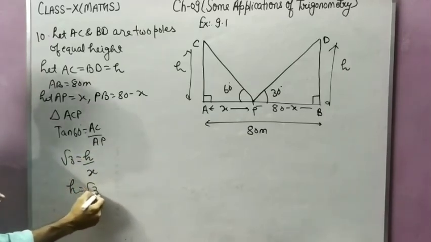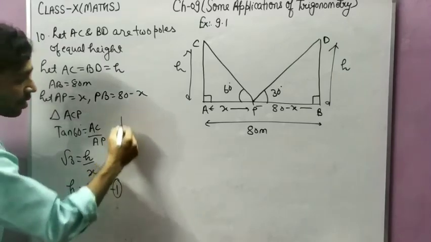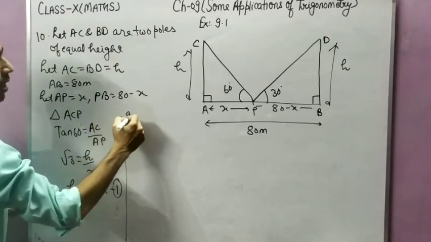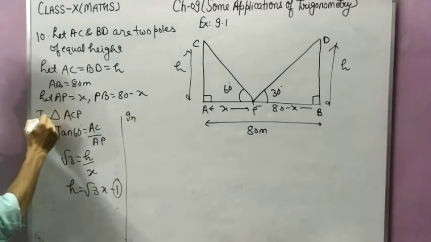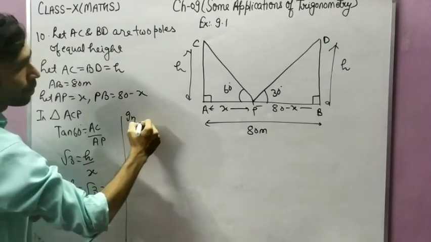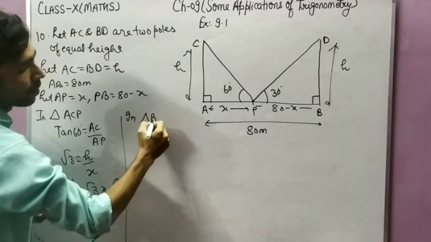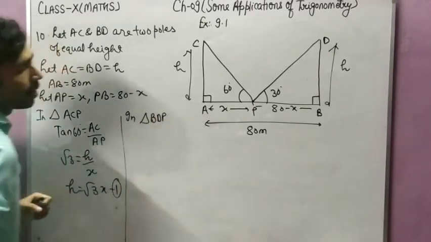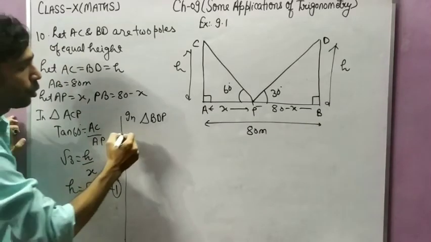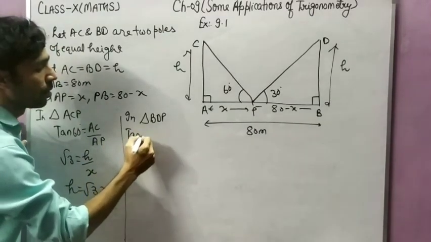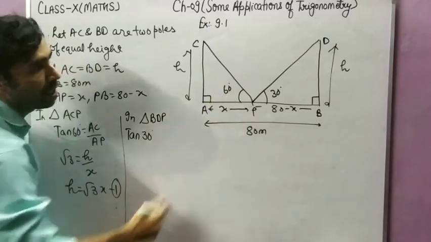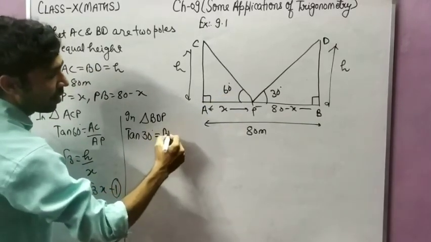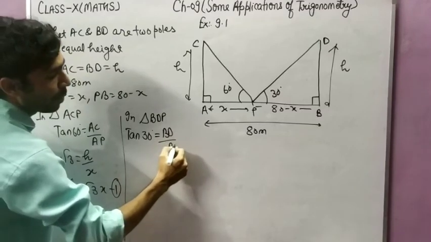So equation 1 is here. Now again in the second triangle, in triangle BDP, for 30 degree, student, we can write perpendicular will be BD and base will be PB.